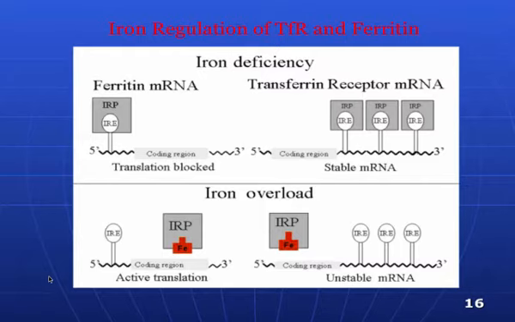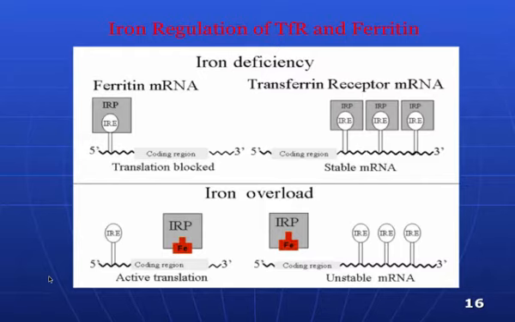Ferritin mRNA has an IRE in the 5' UTR. So in this scenario, what they're showing is, see our IRP? They abbreviated iron response element binding protein as IRP, so it's the same thing.